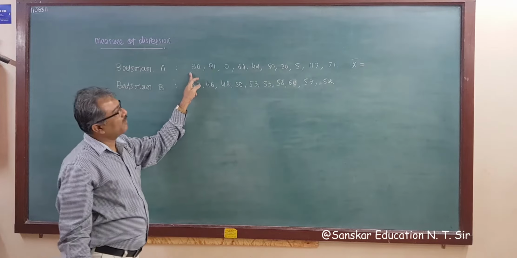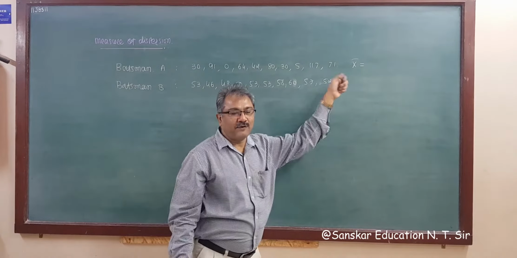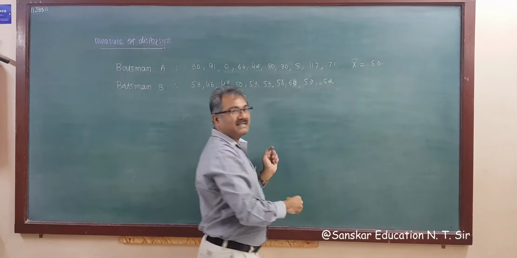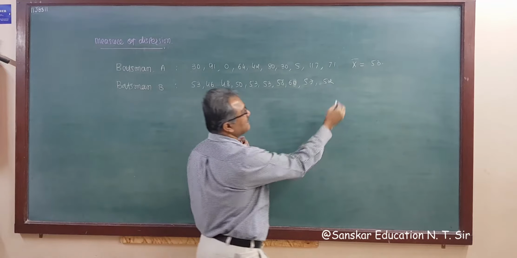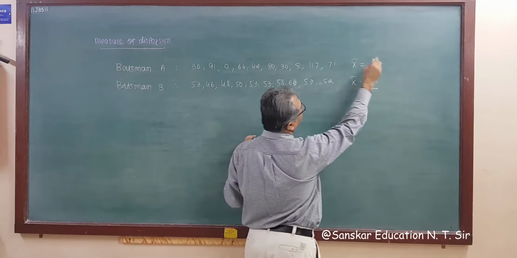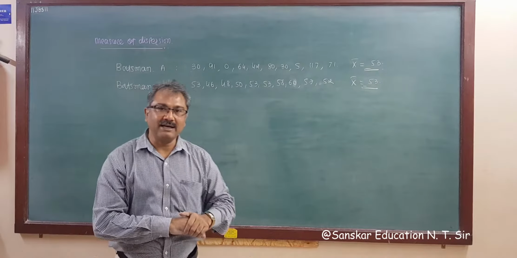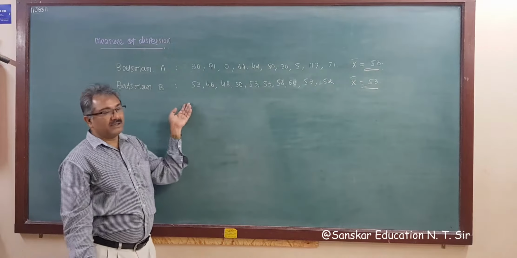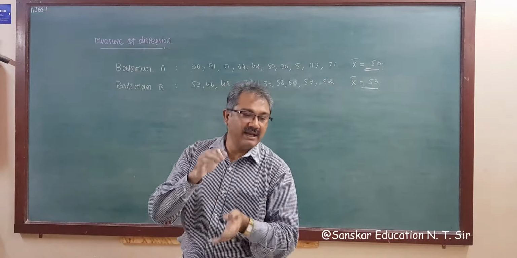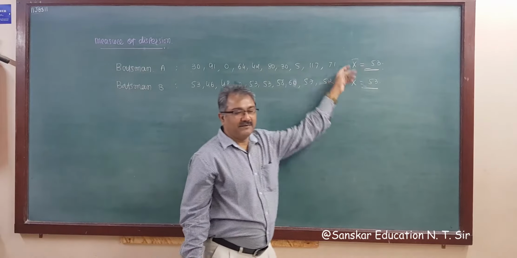If you find the mean for this, it is 53, and the mean for this is also 53. So the mean of the runs scored by both batsmen A and B is the same, that is 53.